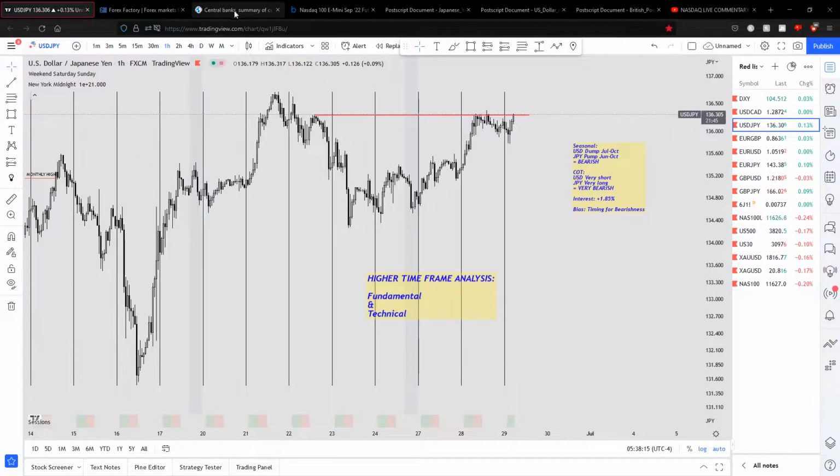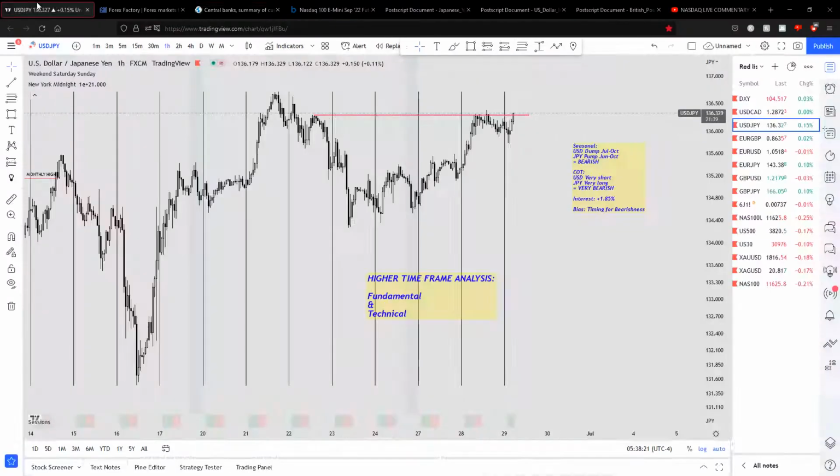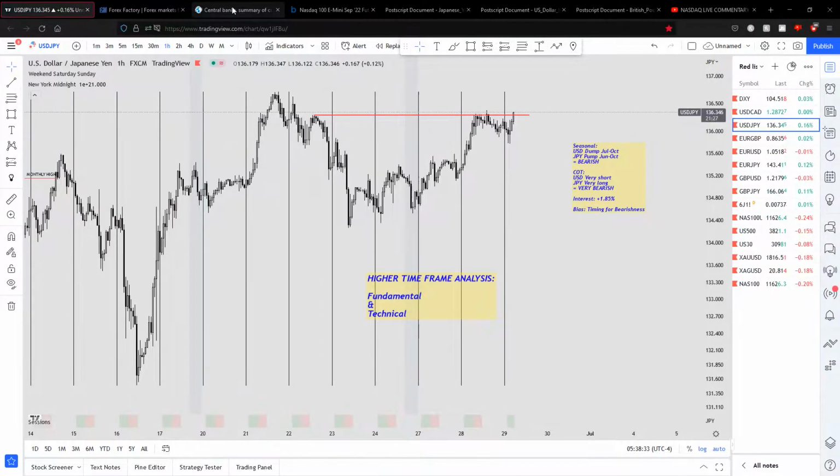There's a website up here for central banks with a summary of their interest rates. We'll do UJ and GU as examples. For UJ, we want to find the interest rate for the United States and for Japan.